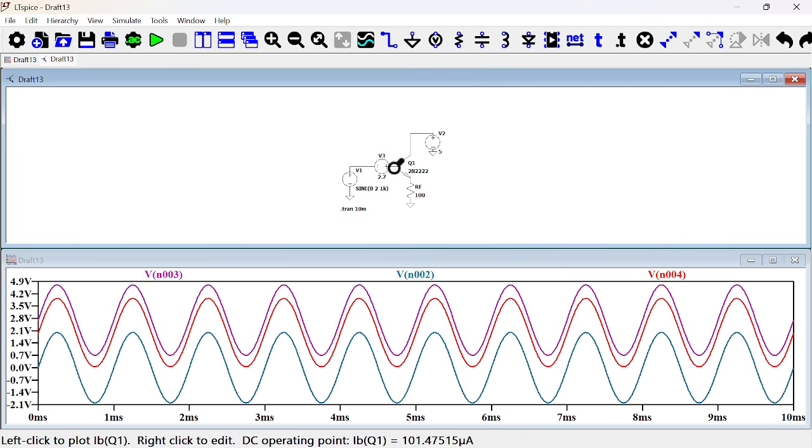So this is our raw input and this is the input with the bias, and we have our emitter follower, and always the difference will be 1 VBE because part of the voltage coming in is dropped across the VBE before it follows the emitter. That's why we call it emitter follower.